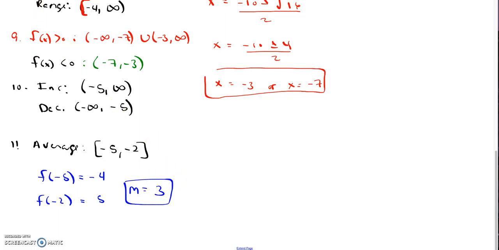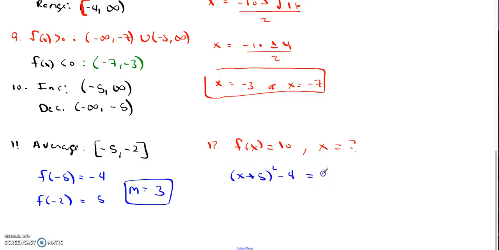One more piece, I believe. If f of x equals 10, find x. You can take either one of these. I'm going to take my vertex form, which was x plus 5 squared minus 4.